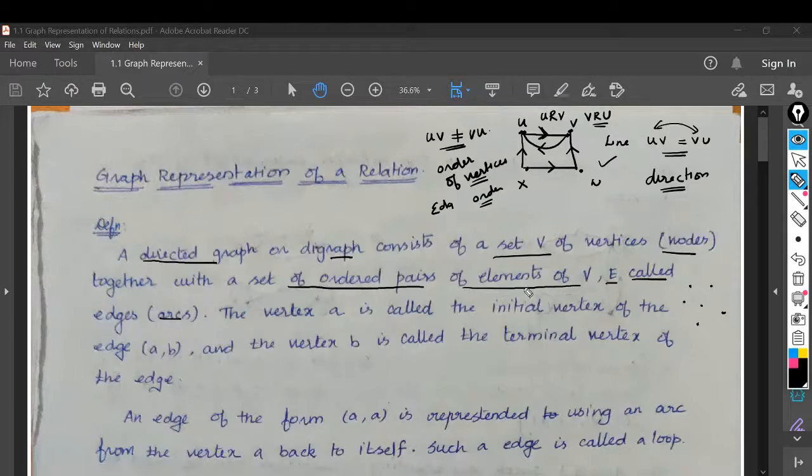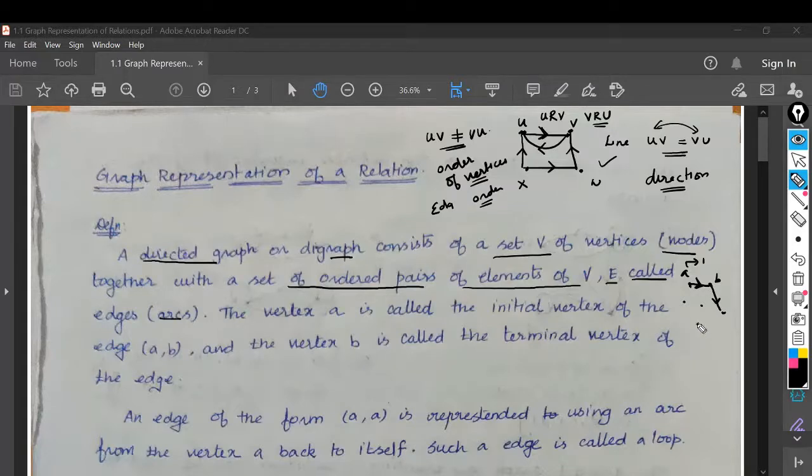If I draw a line from A to B, then A is called the initial vertex, so the direction is important. In that direction, A is the initial vertex and B is the terminal vertex of my edge or arc.